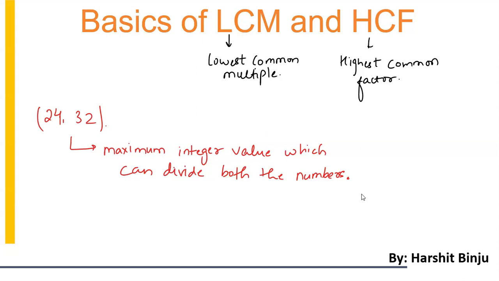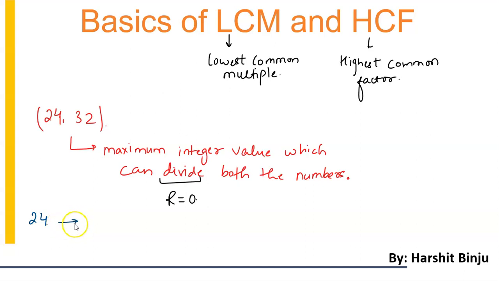Now when you use the word divide, this basically means that remainder is equal to 0. Okay, so how would you do that? So I'm going to prime factorize 24.